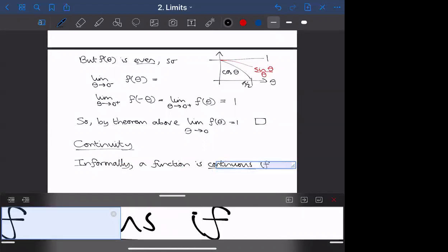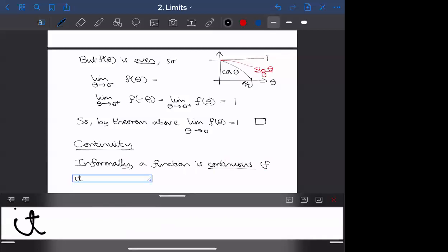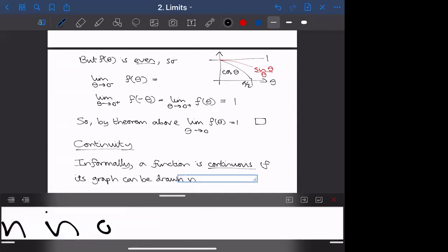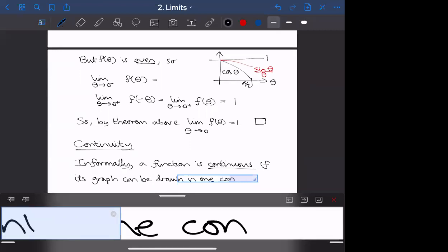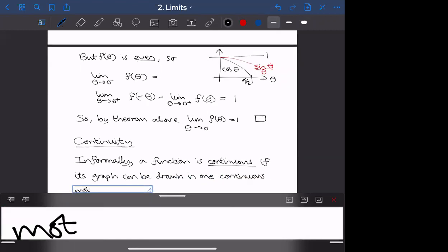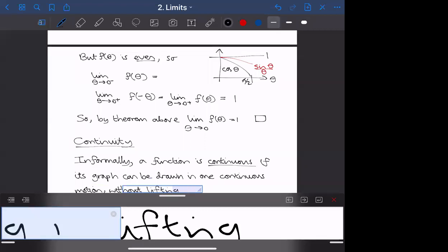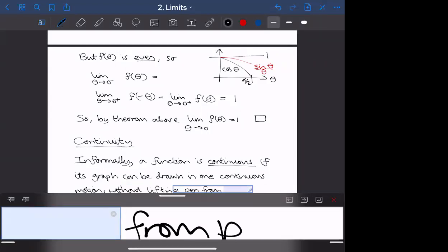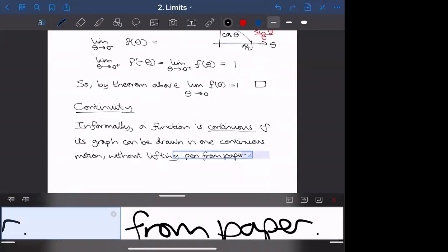So say a function is continuous if its graph can be drawn in one continuous motion, without lifting pen from paper.